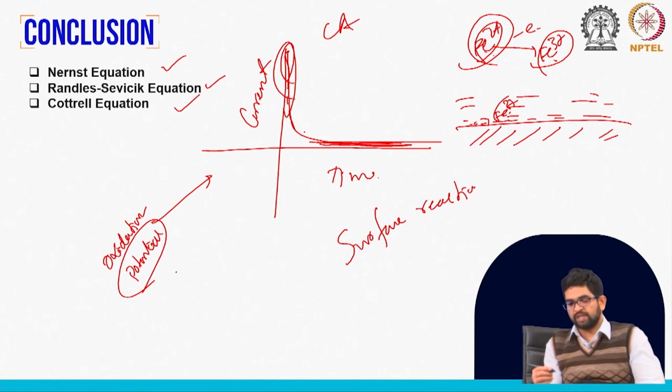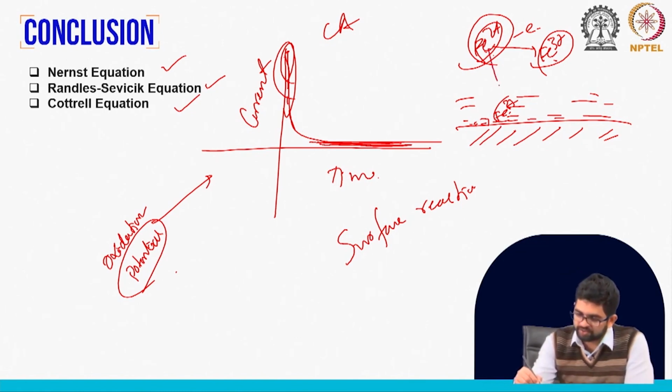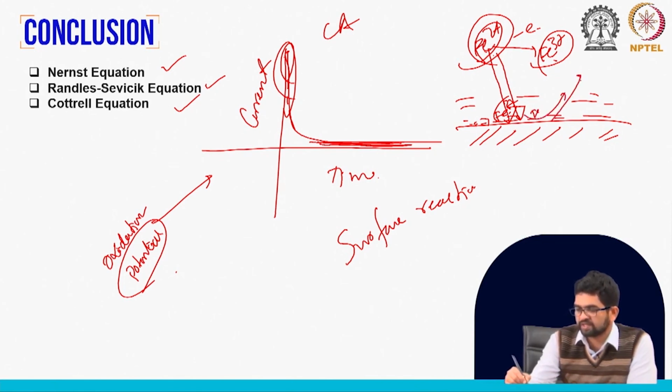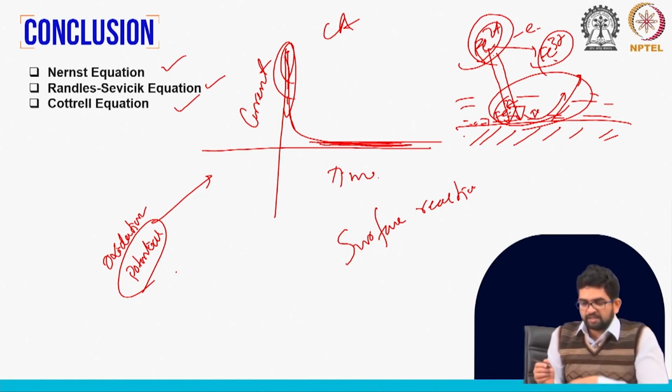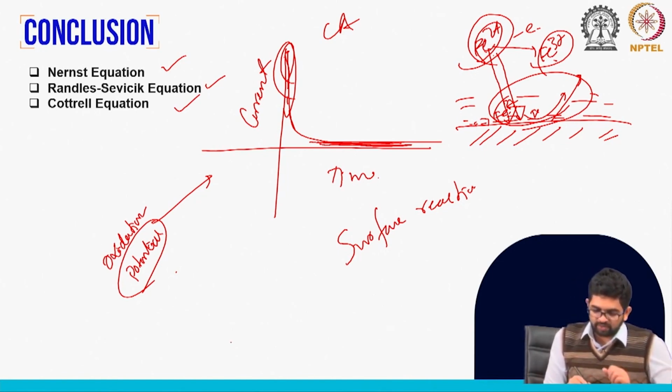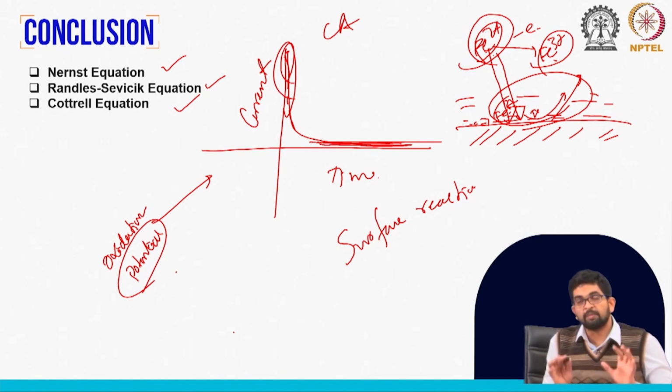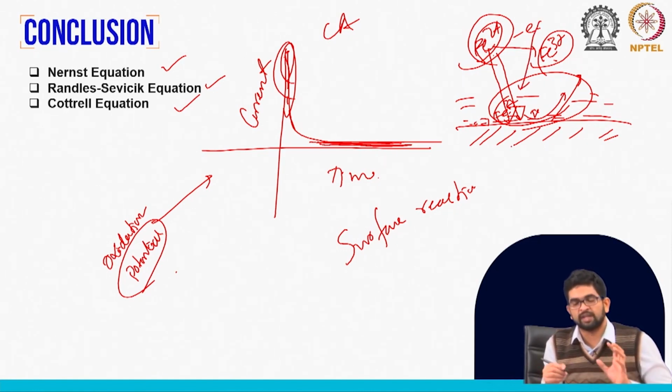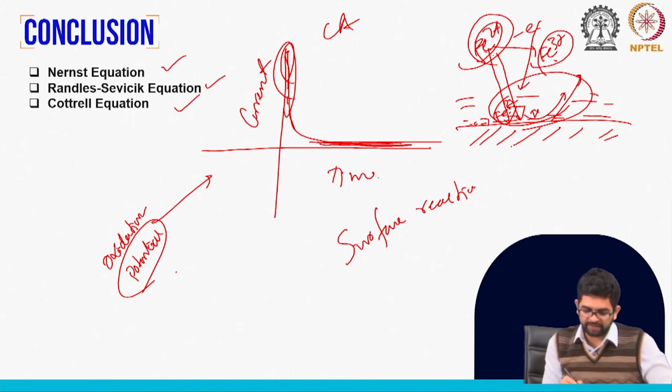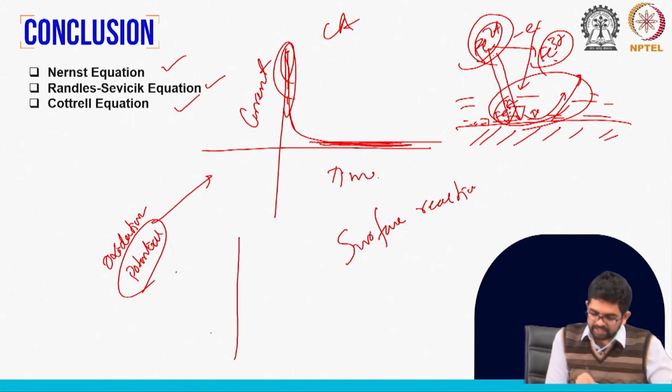Like this you can explain. So Fe2+ is diffusing towards the surface, and then Fe3+ forms, then again it moves away from the surface, then slowly there will be equilibrium. This is called the diffusion effect, or mass transfer effect, and how mass is transferring towards the electrode, that also you can explain.